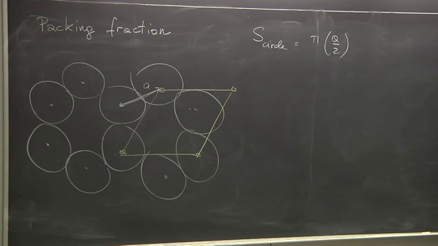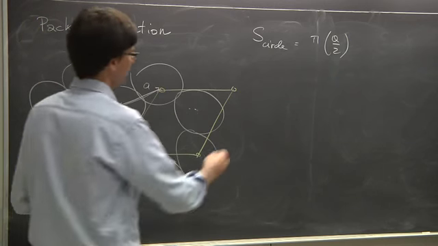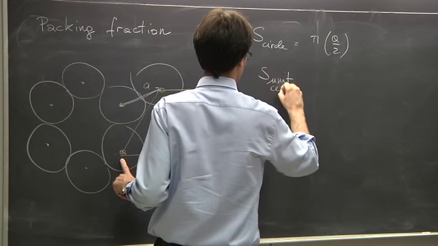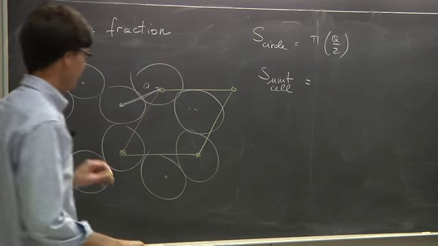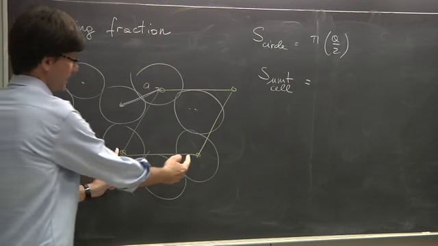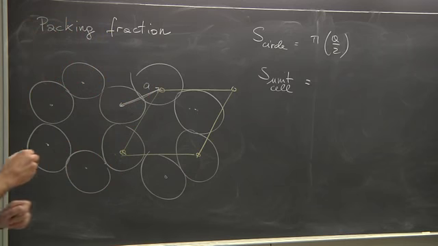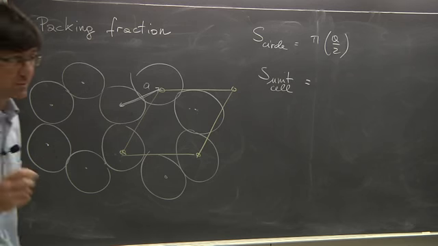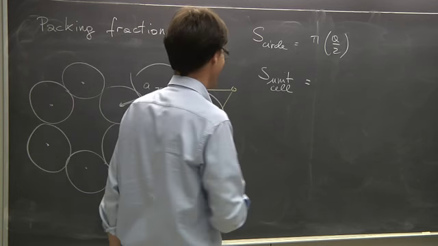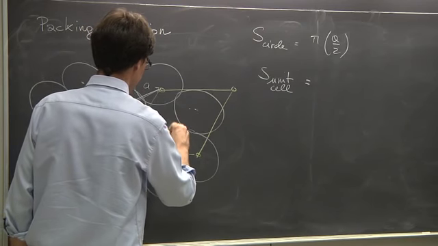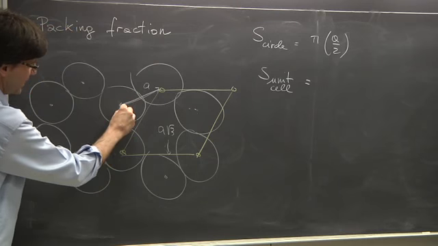But then I have to be careful, because if I now define the area of the unit cell, I have to be careful about 2 things. First, that the side of the unit cell is not A. What is it? A times, yeah, square root 3. So this length here is A square root 3. Why is it? Well, you see it here, right?